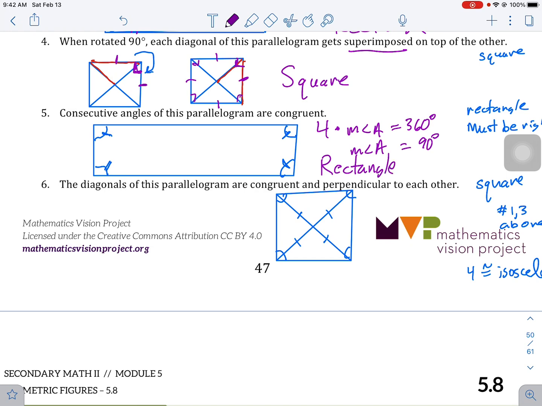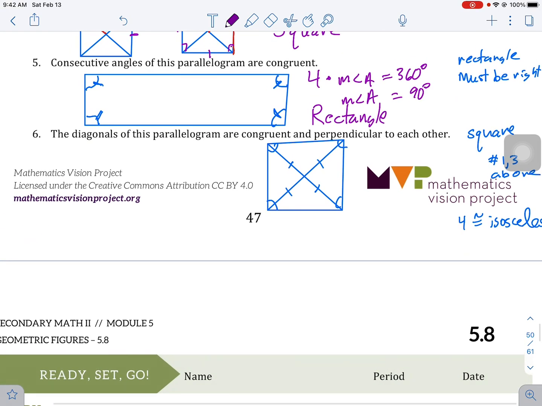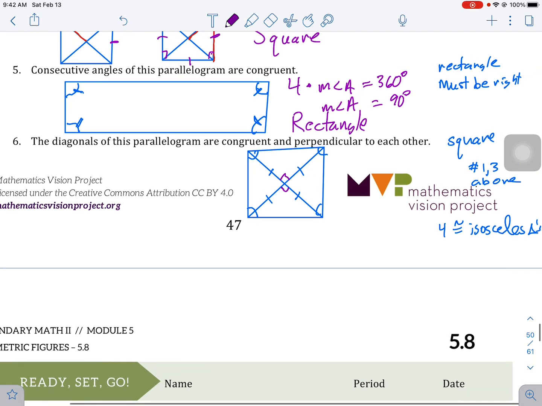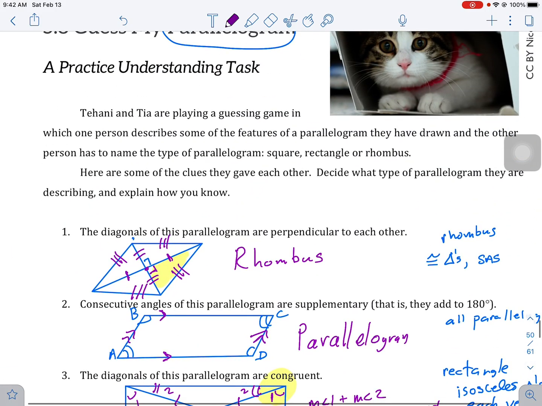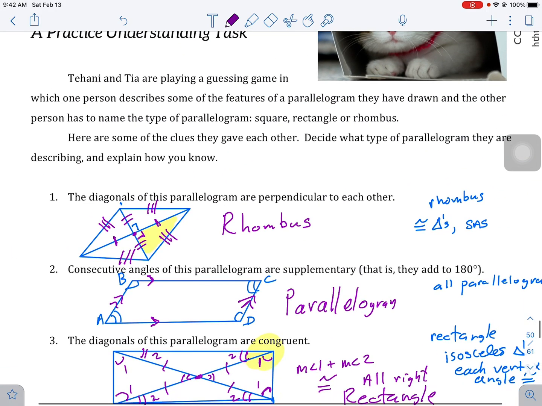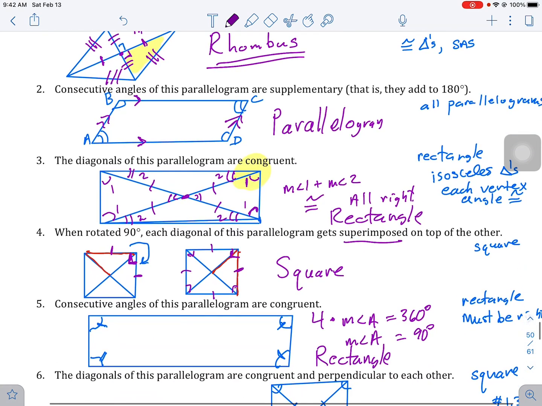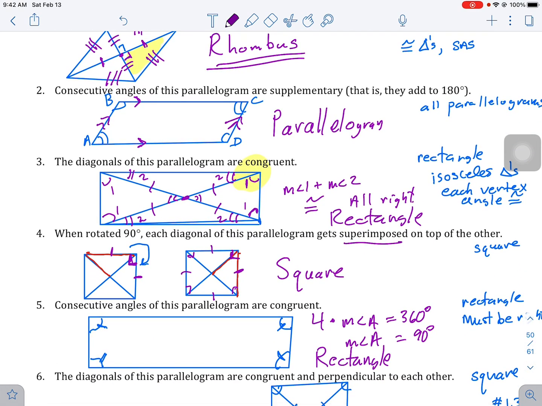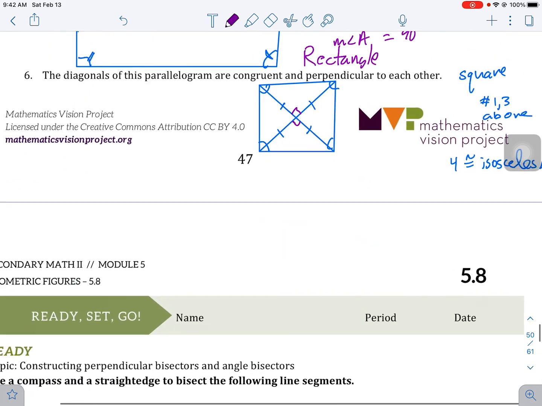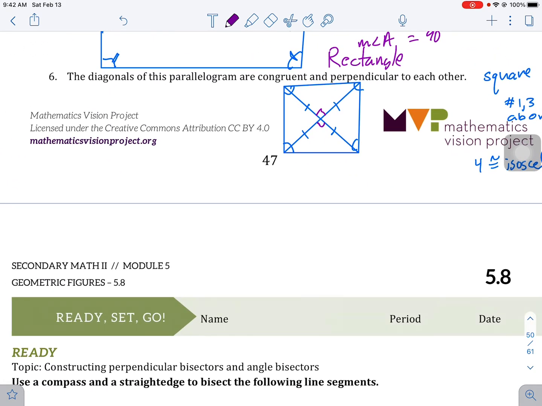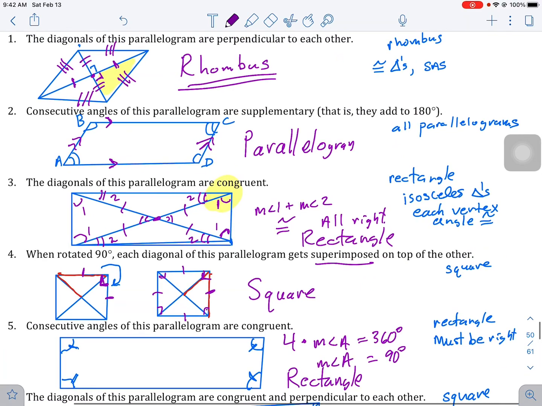Okay, and the last one: the diagonals are congruent and perpendicular to each other. This is really a combination of the first one, the diagonals are perpendicular, which was a rhombus, and the third one, the diagonals are congruent, which was a rectangle.